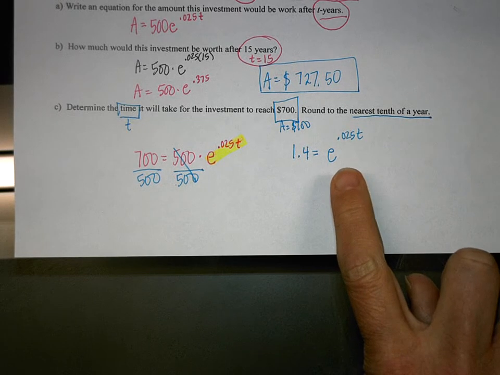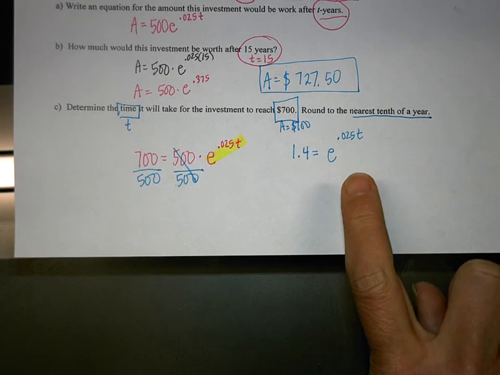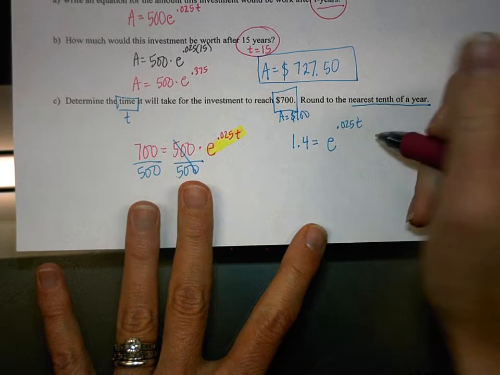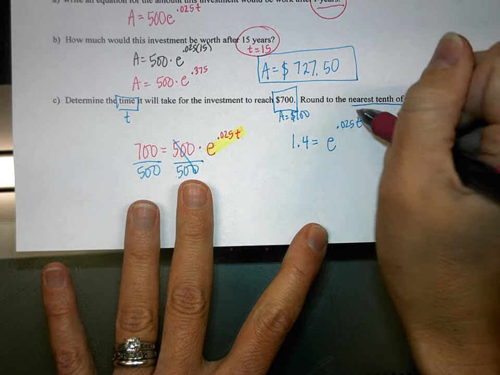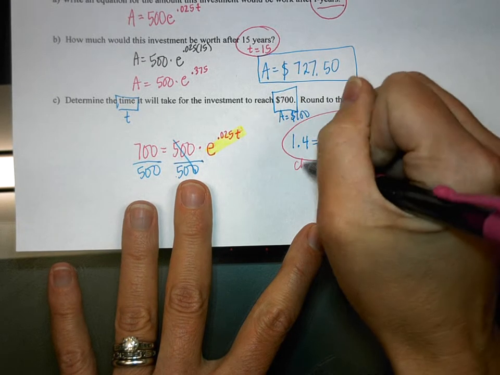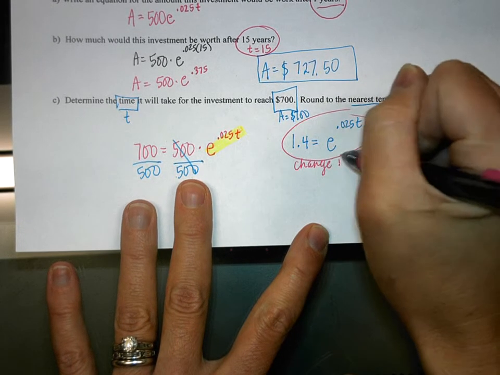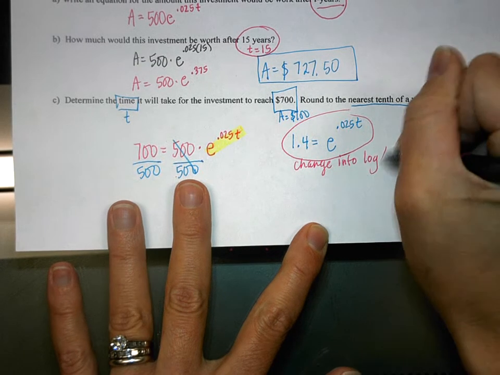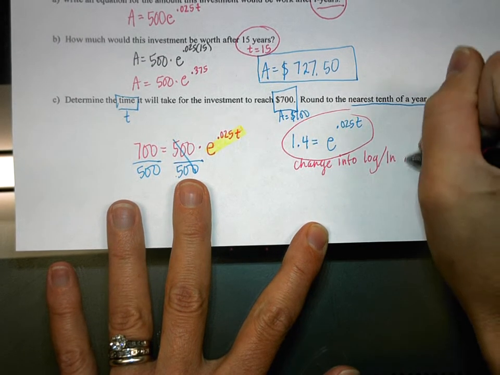It's going to be a natural log. Great. How do we know it's going to be a natural log? It's base e. Okay? And so, if we were to do this, we're going to change this into log form, right? Change into log form. Make a note to yourself. I'm going to put log / natural log form.